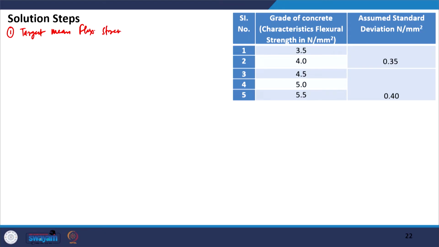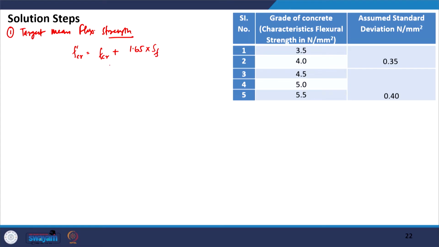If you remember, there were two equations corresponding to the flexural strength. One was that f'cr is equal to fcr, which is the characteristic strength, plus 1.65 into SF.